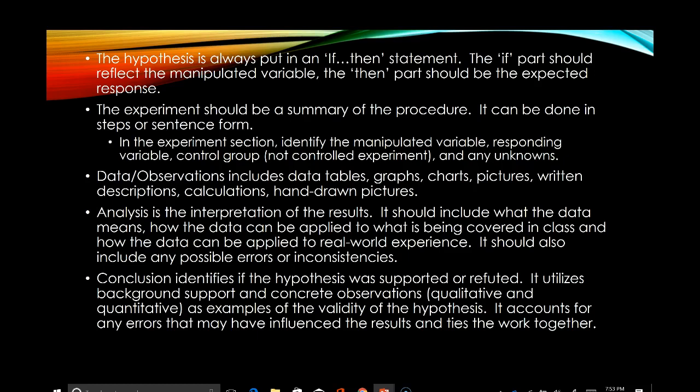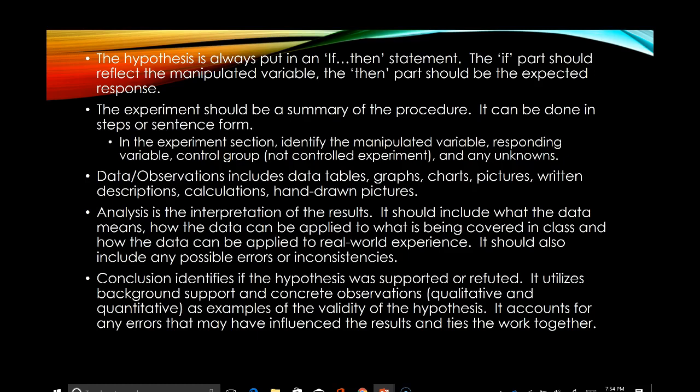It can be done in sentences or it can be done in steps, whatever you prefer. It's a little bit easier in steps, but it's your preference. Make sure that you're including the information that you need to include from your experiment. Again, it's a summary. I don't want you to repeat the steps, okay?